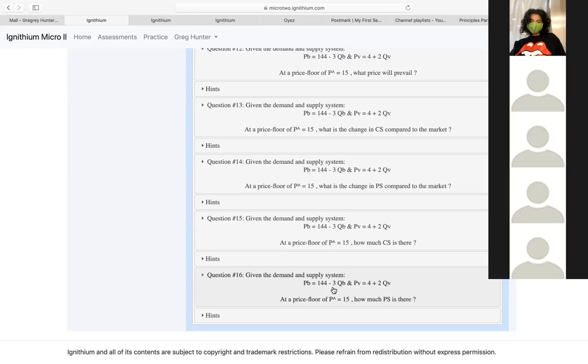So what did you get for the equilibrium price, Stephen? 28. 28. And what do you think, Celine? Does the equilibrium price of 28 sound correct to you? Yes. Okay. So everybody agrees that it's 28. So explain the calculation to me, Stephen, that you did.